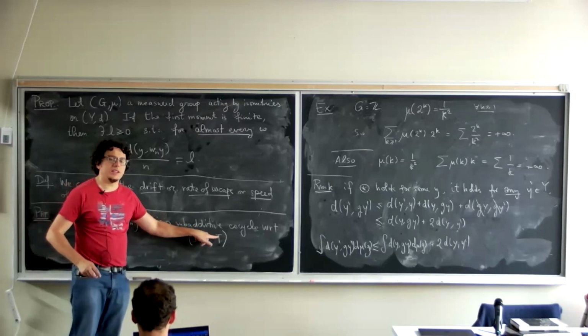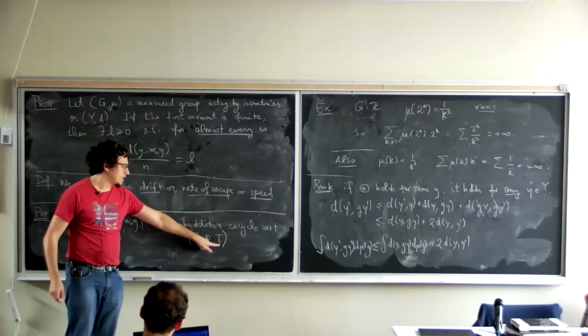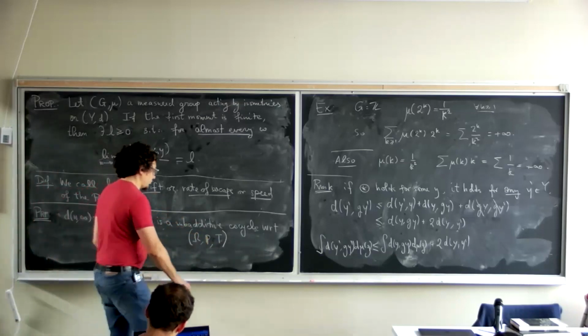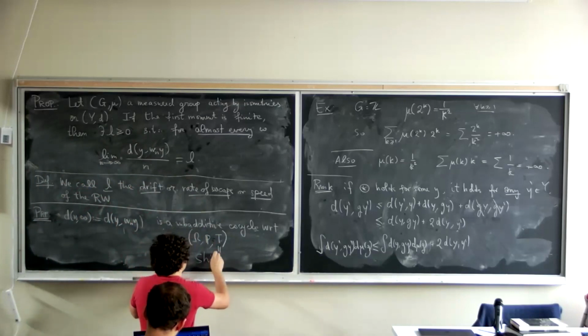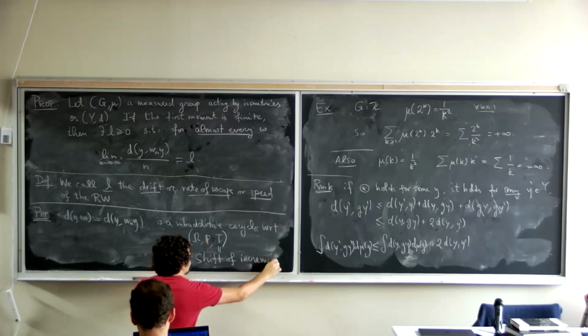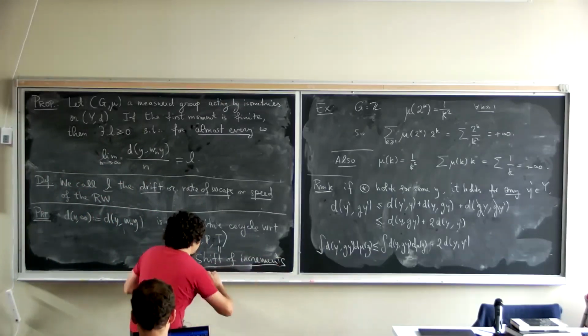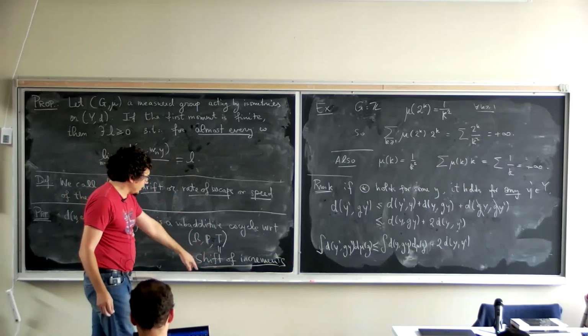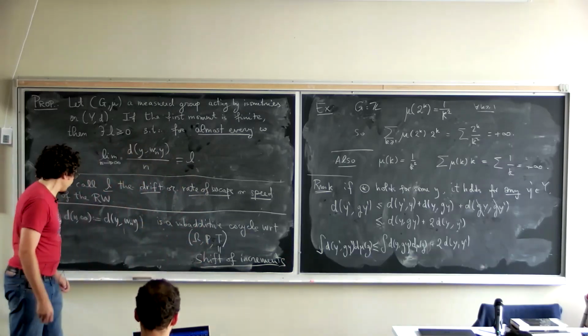Remember, this is the important thing: T is the space that shifts the g's, not the w's. So this is a shift of increments, because otherwise it's not true. The measure preserving nature is true for this shift.